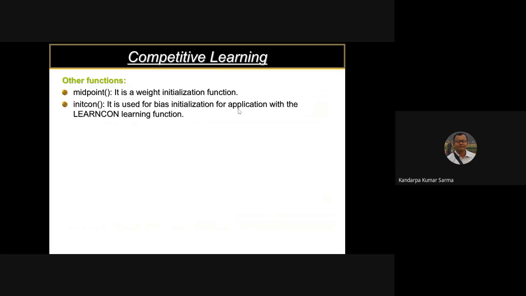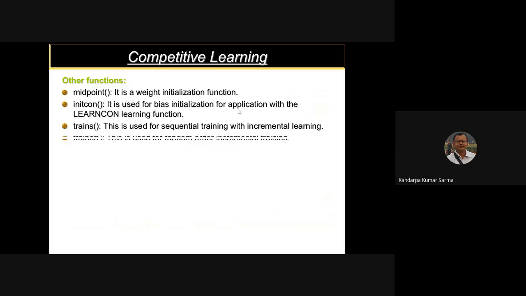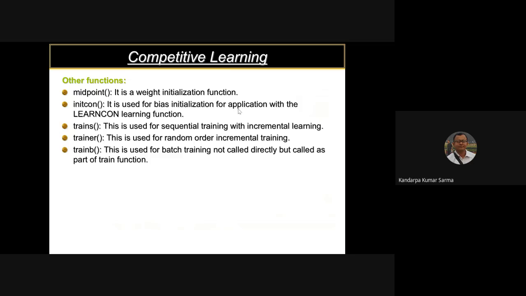Then midpoint is a weight normalization function. Then initcon is a bias initialization function. Trains is a sequential training function. Then trainr is used for random order incremental training. Then trainb is used for batch training.